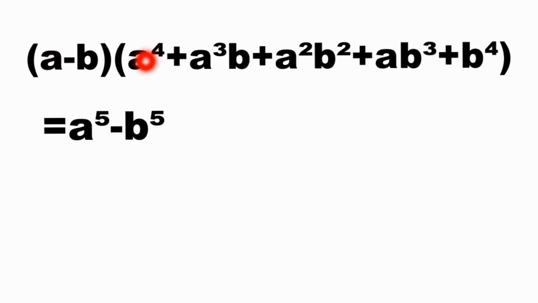Multiplying a times a to the fourth, and minus b multiplied by b to the fourth, so a to the fifth minus b to the fifth.